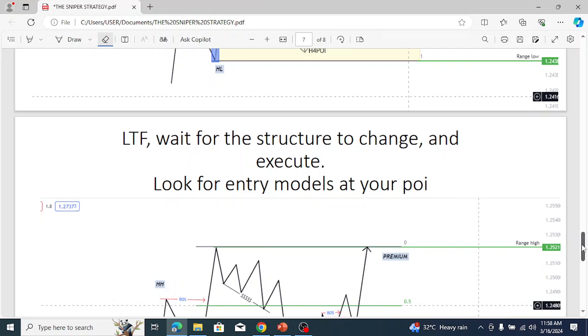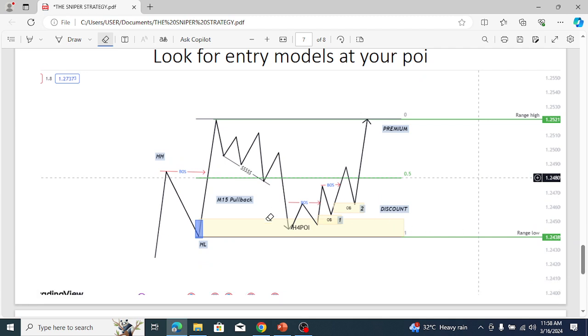What that means is you look for your entry points at this particular level, at this particular point of interest, which is your 4-hour point of interest. So this is the first entry model that you have. I have two types of entry.